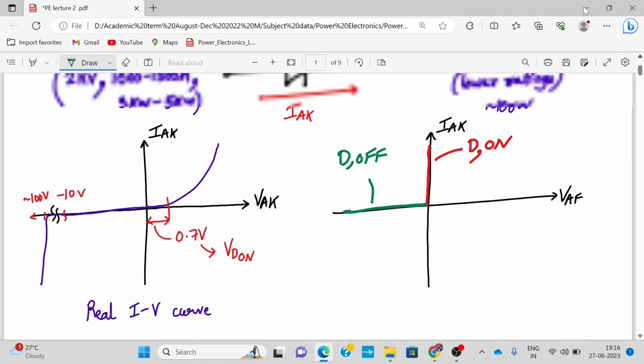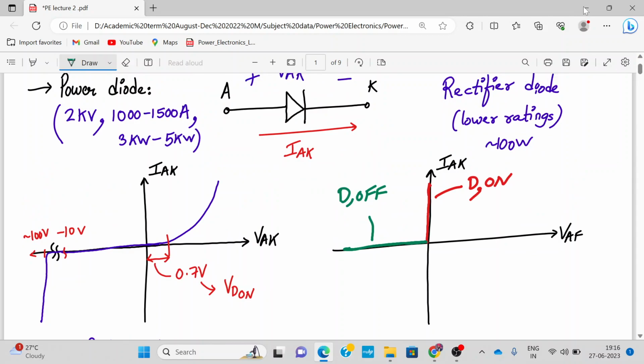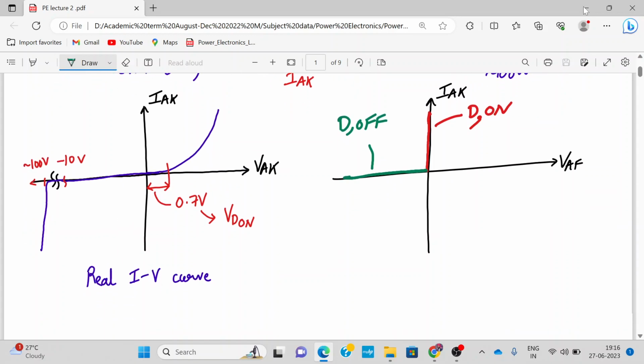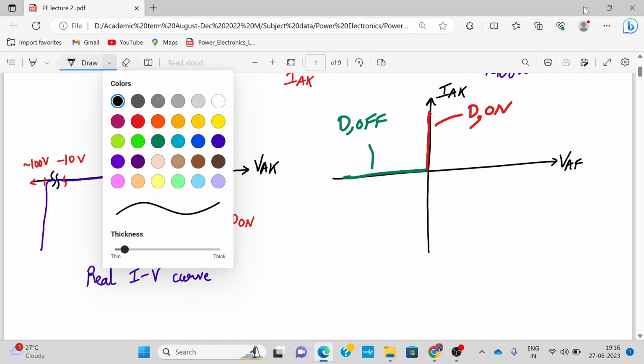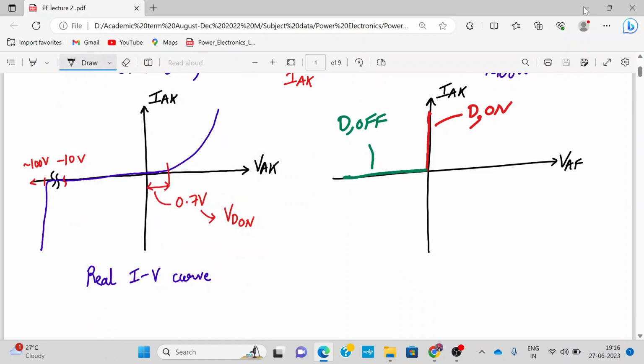This arrow over here indicates that the current cannot flow from cathode to anode. So this is the ideal IV curve, ideal IV characteristics of a normal rectifier diode.